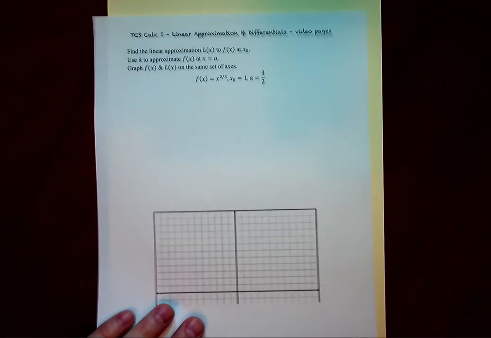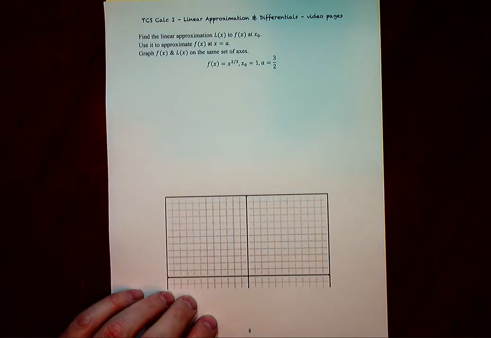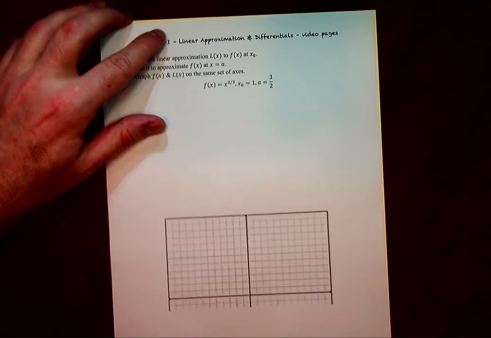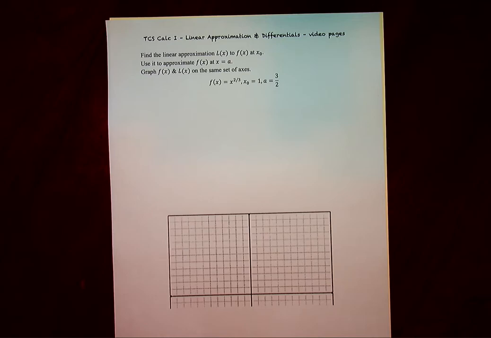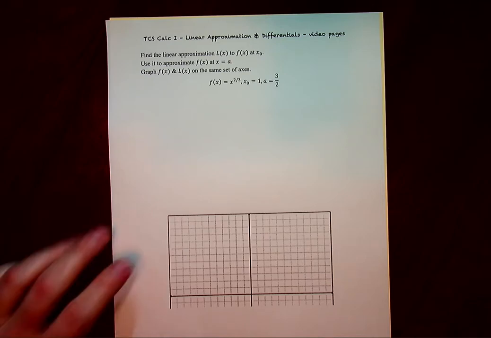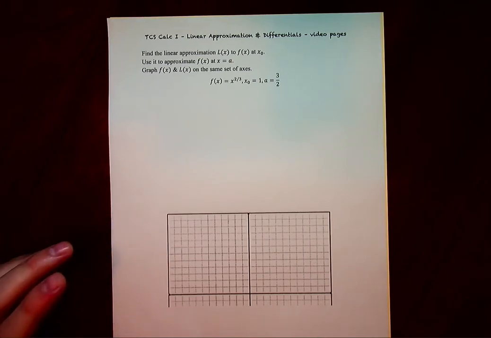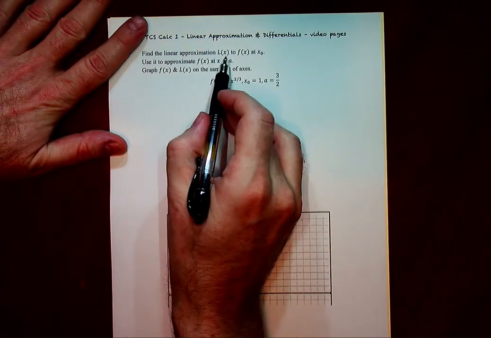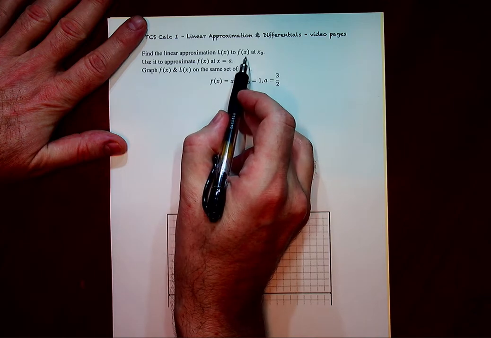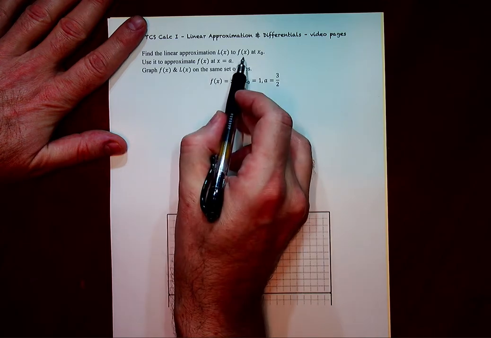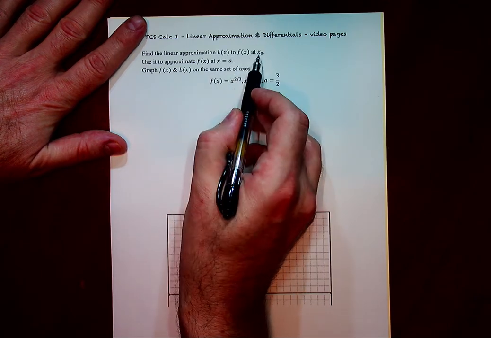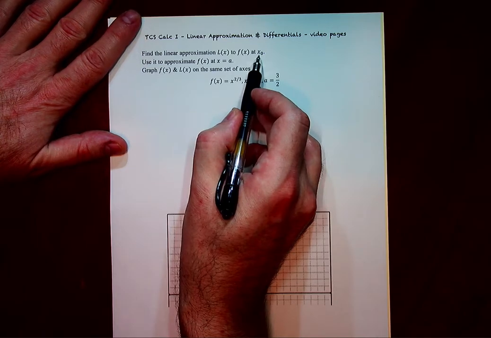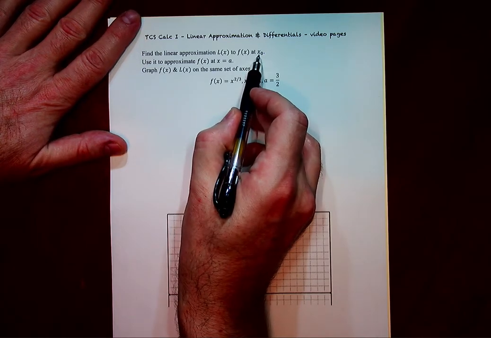Our next example comes from a different book that has a little different notation, right? A means something different here. So find the linear approximation L of x to f of x. So find the tangent line to your original function at x naught, meaning that's the point of tangency.